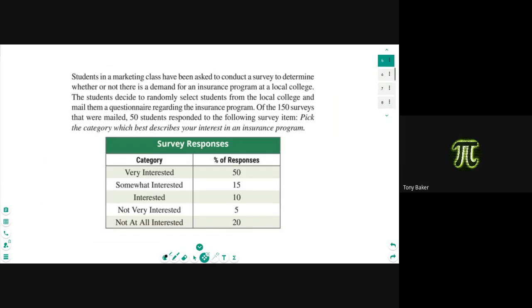So, was this a random survey? Did we get a random sample, and is this a valid survey?